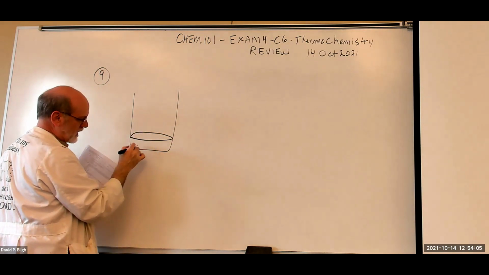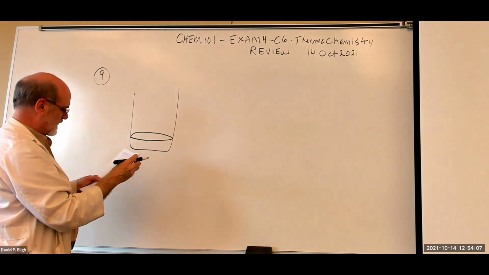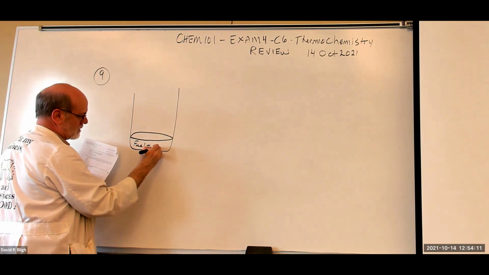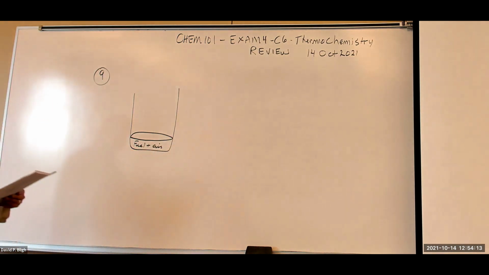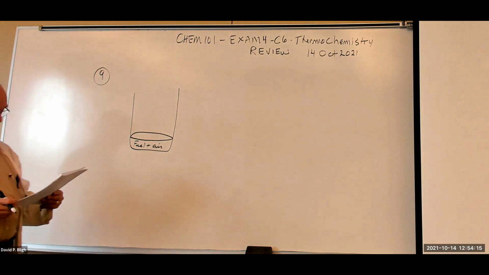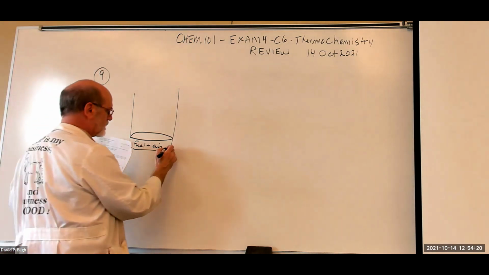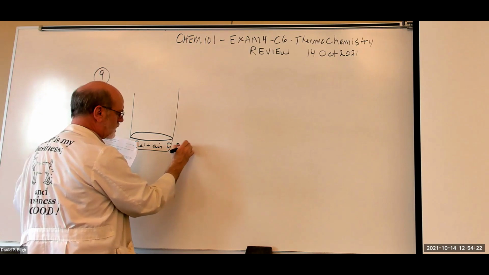And we got our fuel-air mixture in here. Doesn't say what it is. I suspect they're going to ignite it and see what happens. The original volume is 0.310 liters.